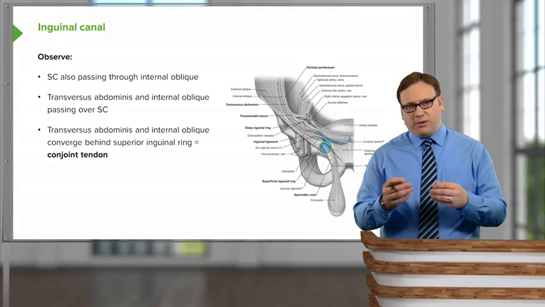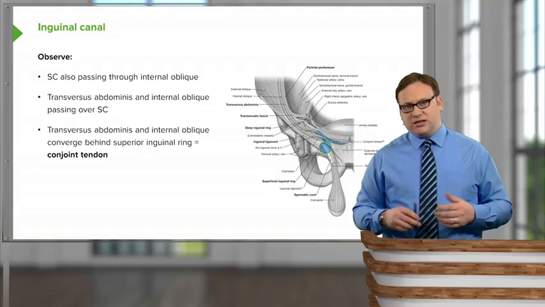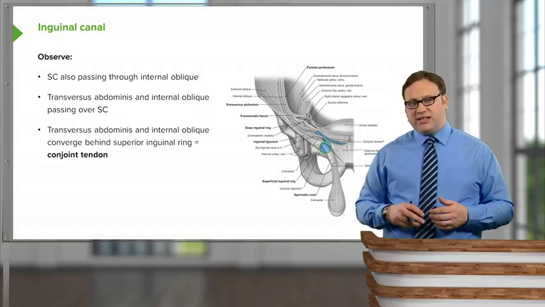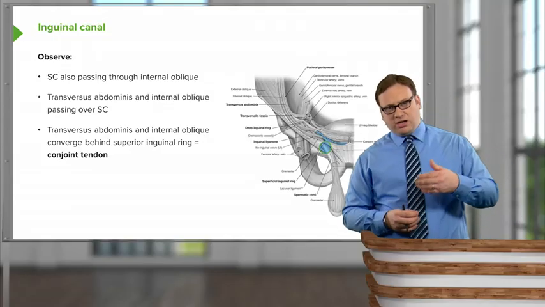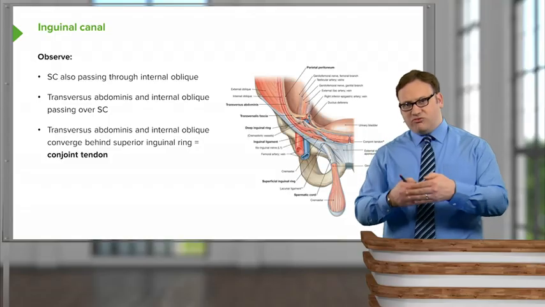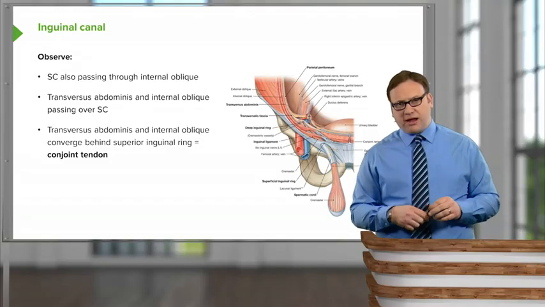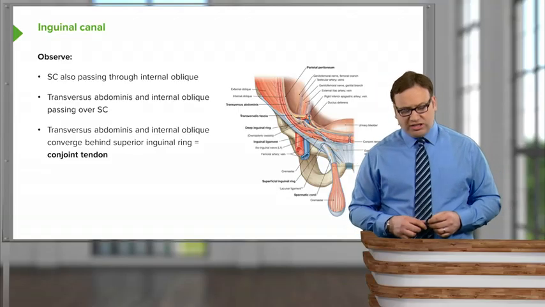If you imagine that we've got this slit-like opening in external oblique aponeurosis, the superficial inguinal ring, then this is a potential site of weakness. So increases in intra-abdominal pressure can push against this weakness and it may herniate. The conjoint tendon reinforces this posterior boundary of the superficial inguinal ring, helping to prevent herniation.